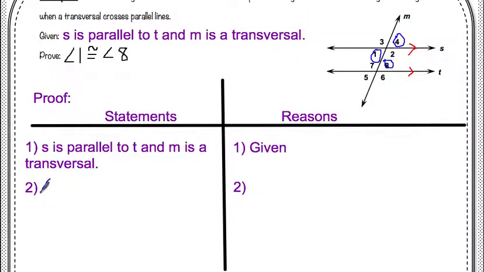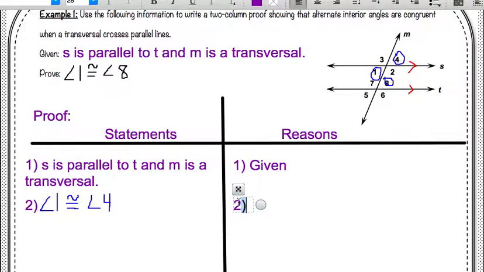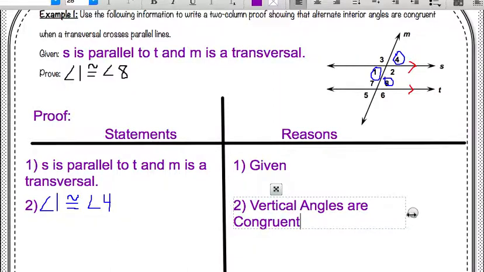So I'm going to say angle 1 is congruent to angle 4. This is vertical angles are congruent.